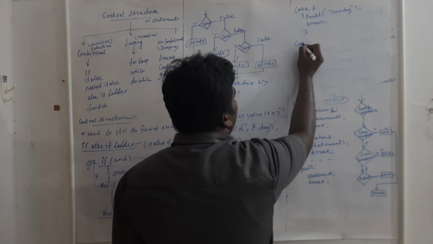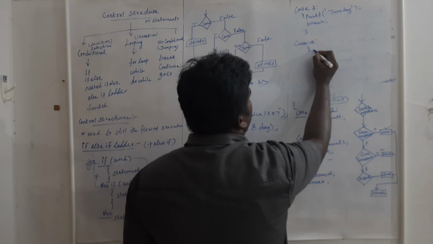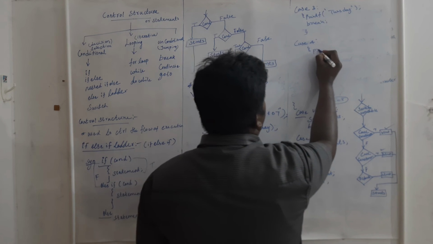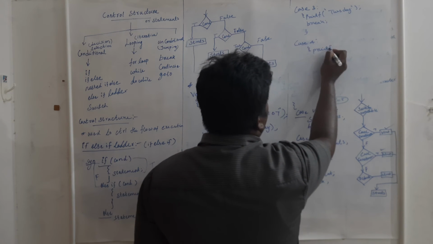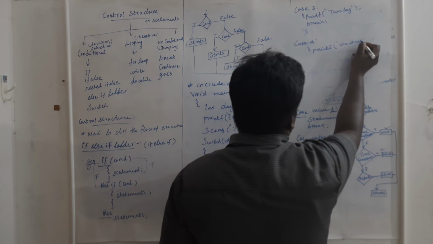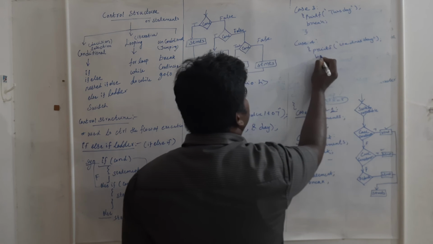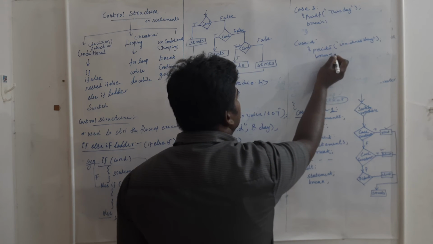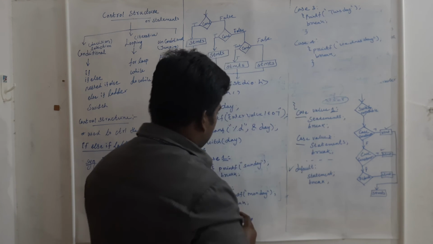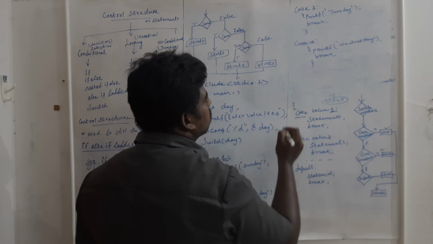Okay, I have ended the program here. Case 4, printf Wednesday. You can write like this for all the 7 days. I am reducing the program size, so I am putting 1 to 4.